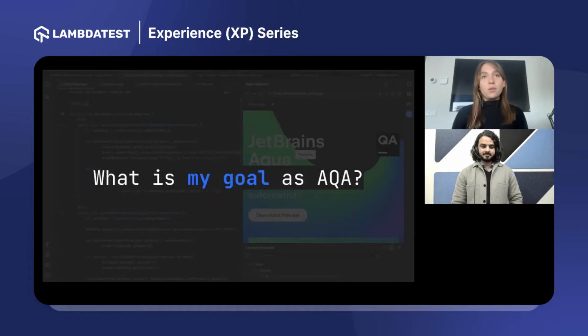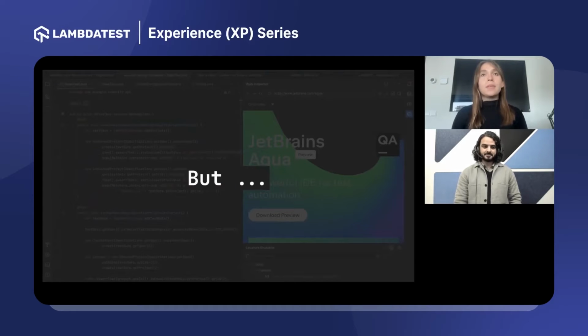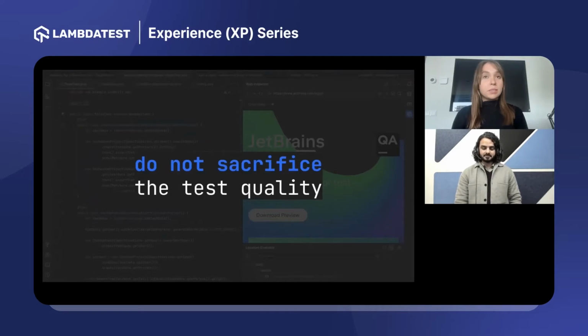I think all of you already know that our main goal is to write tests as fast as possible, because right now the speed of change is just so insane. We should be on the same level as our delivery processes. But at the same time, of course, we don't want to sacrifice test quality. And it's quite difficult to achieve these two metrics at the same time.